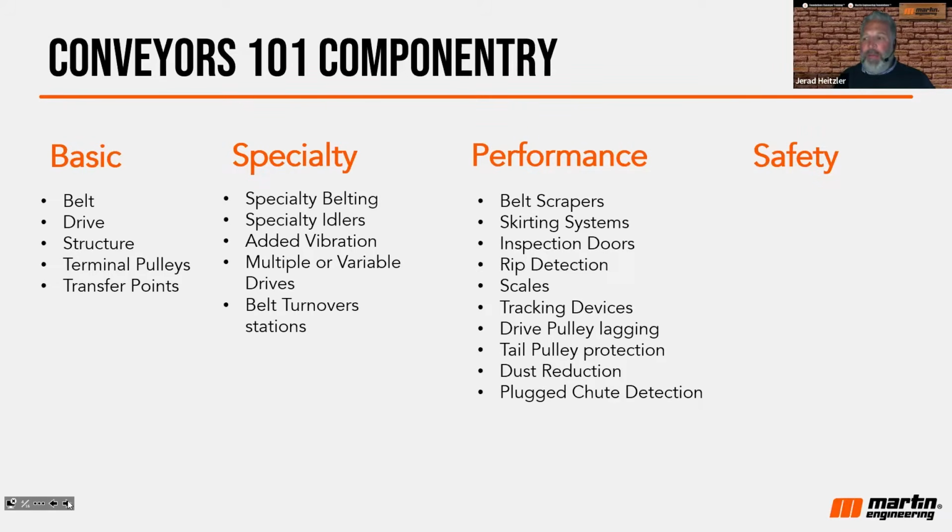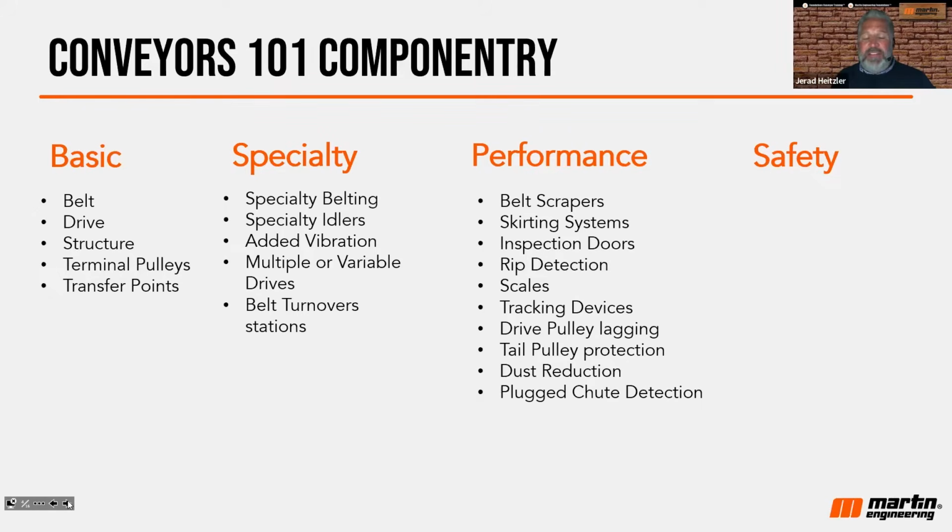So performance equipment is going to include belt scrapers, skirting systems. It's going to include inspection doors. If your conveyor is closed off, you should have inspection doors. It might include rip detection. Rip detection is a sensor that alerts the operators if the belt rips.